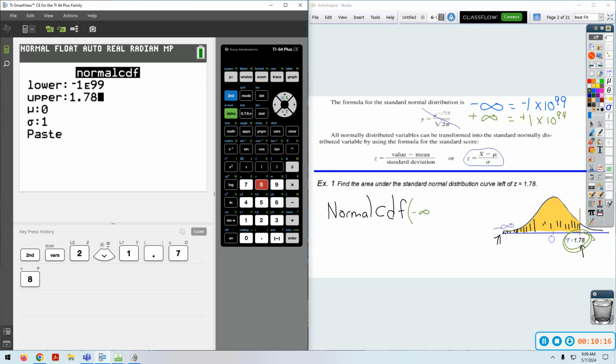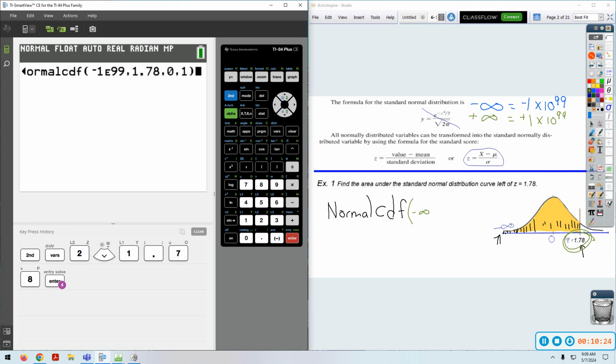We do not do anything with the mu, because that's 0, or the standard deviation, which is 1, and we hit paste. And that'll come up as a command line. Normal CDF, negative infinity on our paper we would write, comma, 1.78, comma, 0, comma, 1, parentheses. That is my command line.